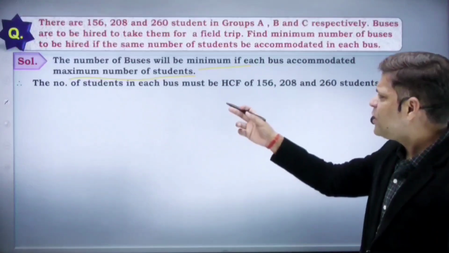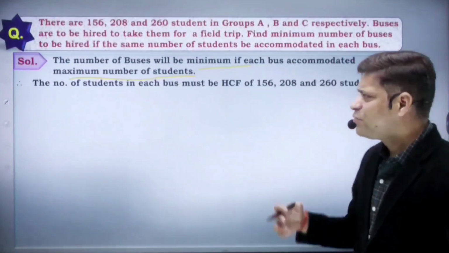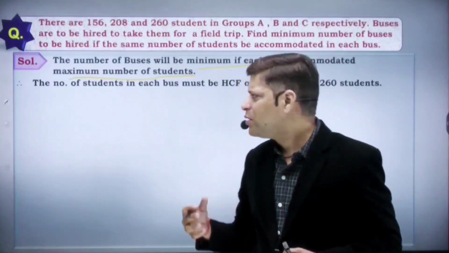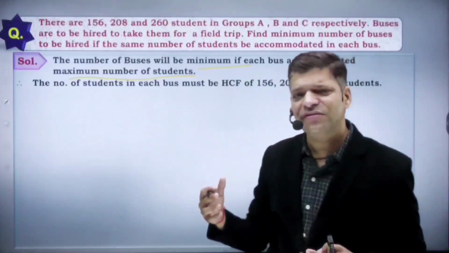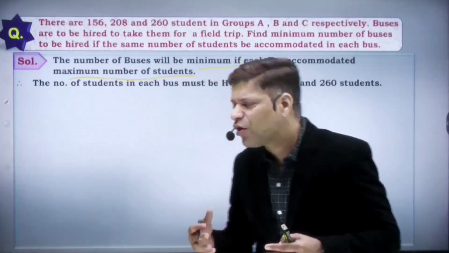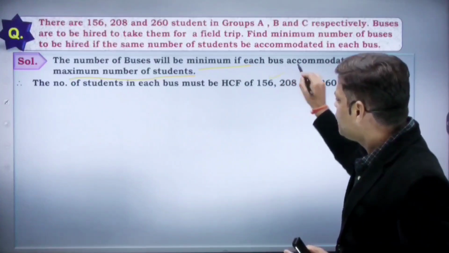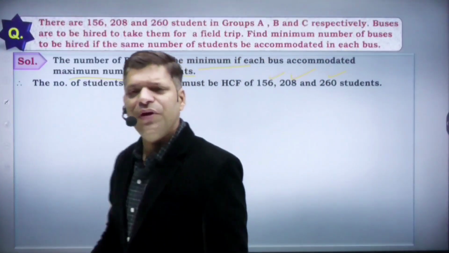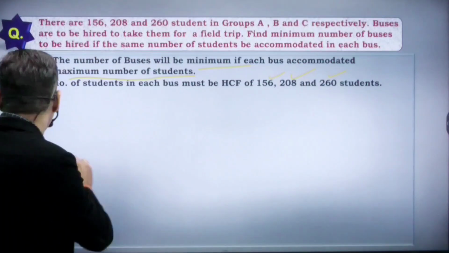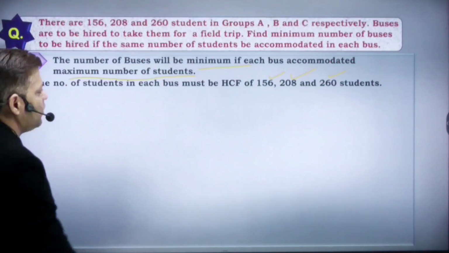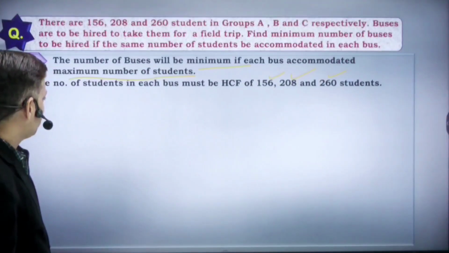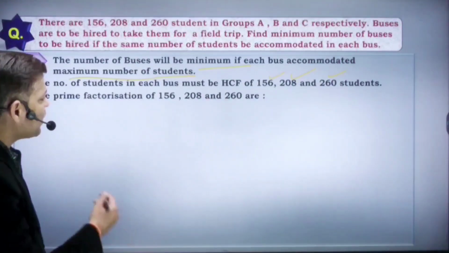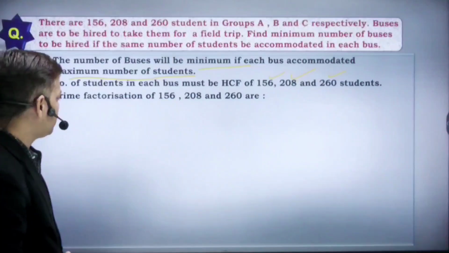The number of students in each bus must be, so how will we find the number of students in each bus? It will be the highest common factor of 156, 208 and 260. So here the concept of highest common factor we will use. Okay, so firstly we will do the prime factorization of the 3 numbers.